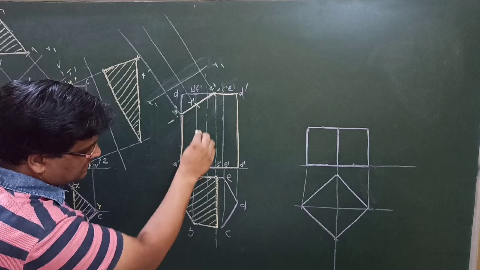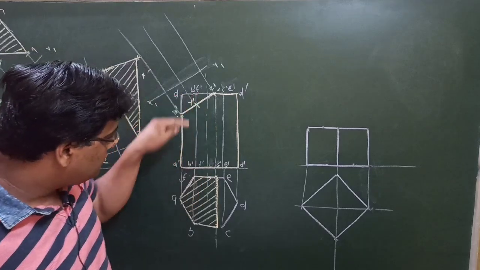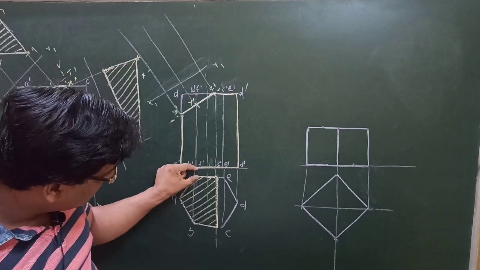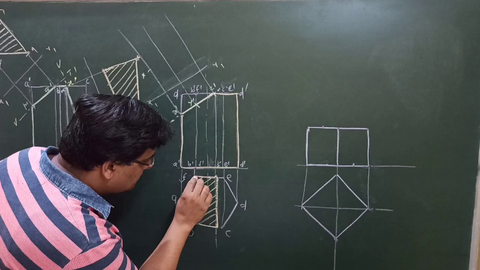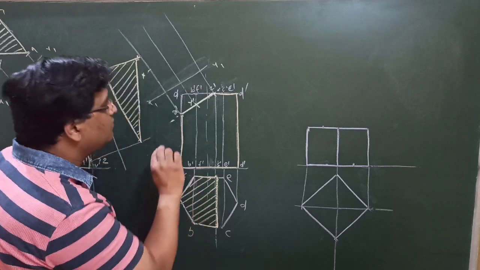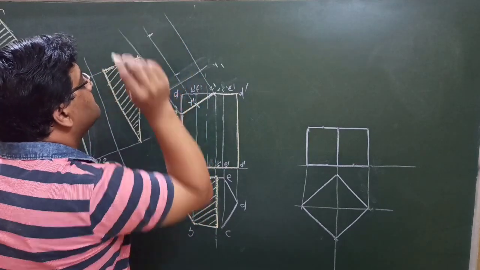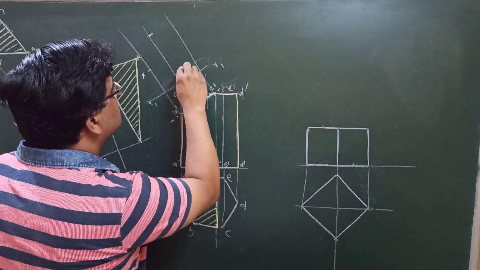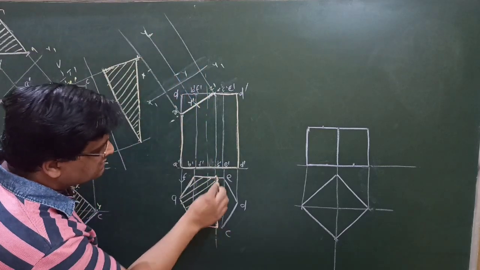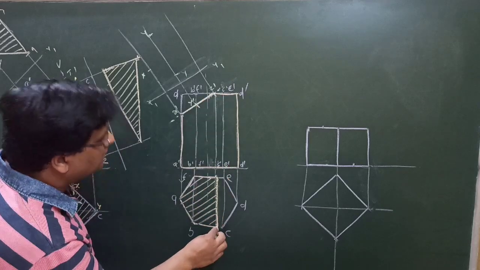For this it is cutting 2 lateral lines, B and F, BB and FF. So these points will be taken from here. One distance will be this one, second distance will be this one. So we can cut here also. So this is x, y, and for z again 2 distances, one here and second one up to here.